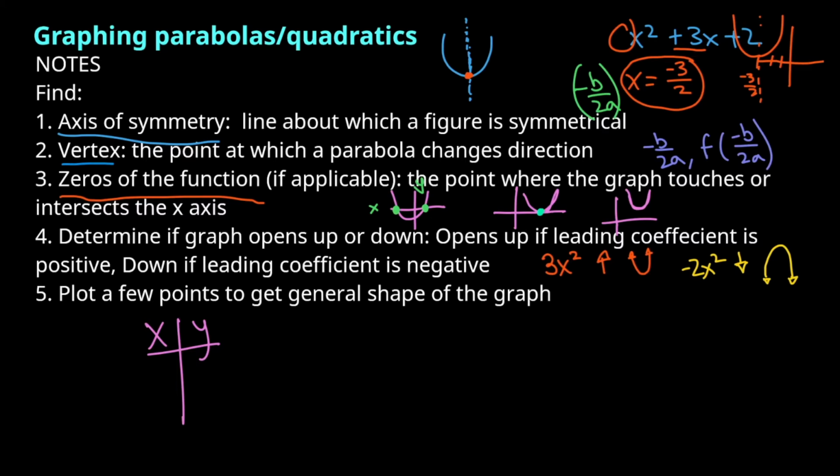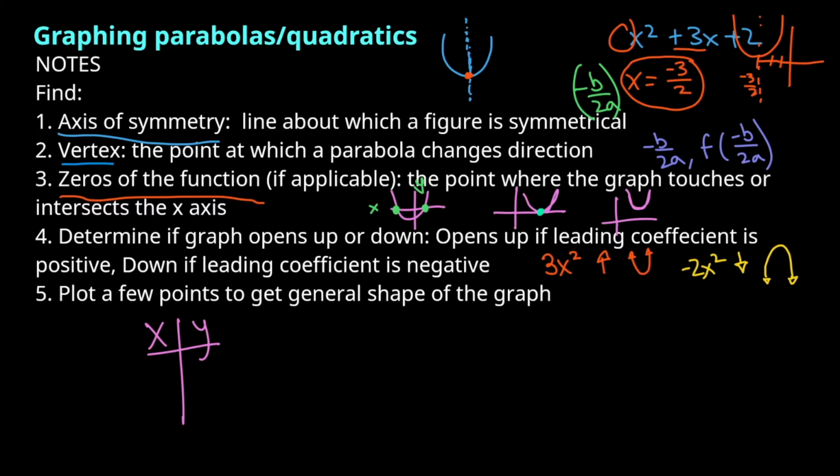And for number 4, determine if the graph opens up or down. So this is some additional information. We want to know which way the graph is going, if it's going up or if it's going down. So it opens up if the leading coefficient is positive.